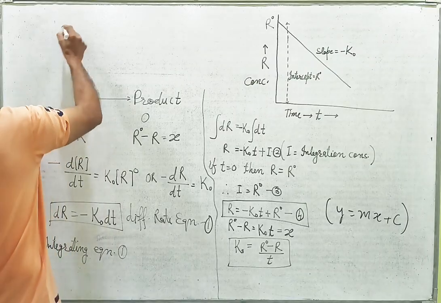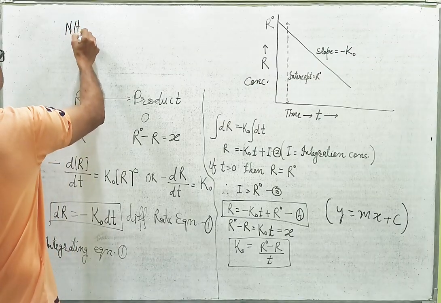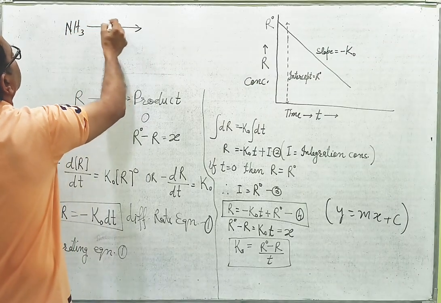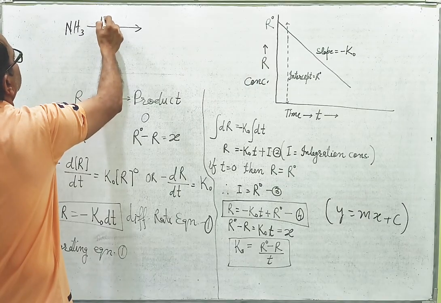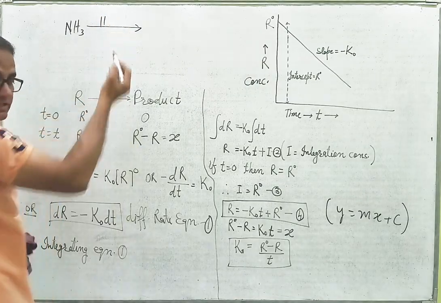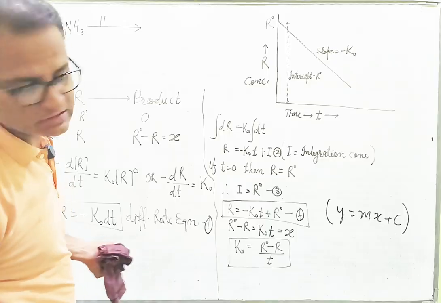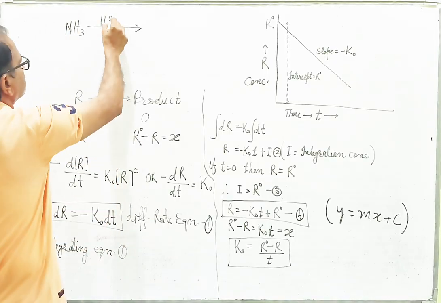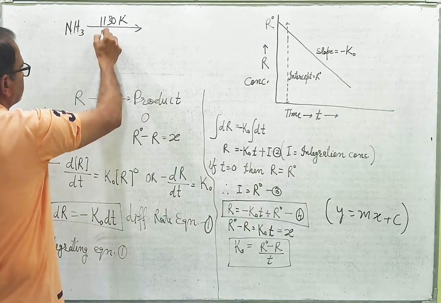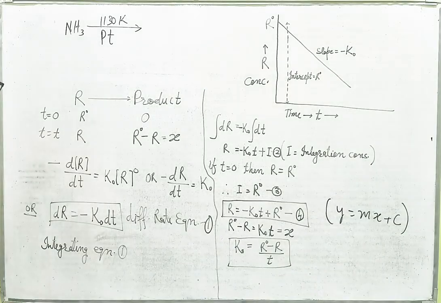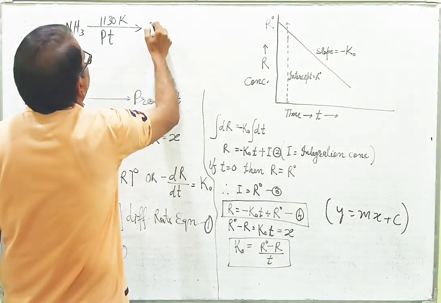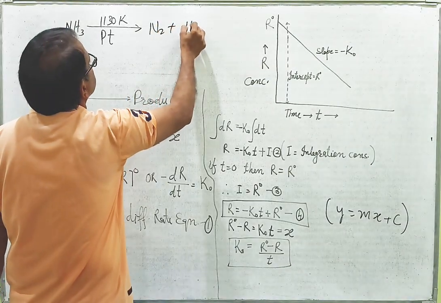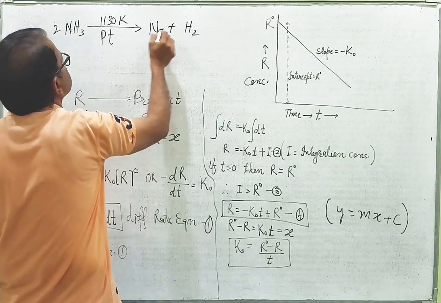If we are taking ammonia and heating it around 1130 Kelvin, platinum is used as a catalyst, then it will break into N2 plus H2. Okay, you can balance it.